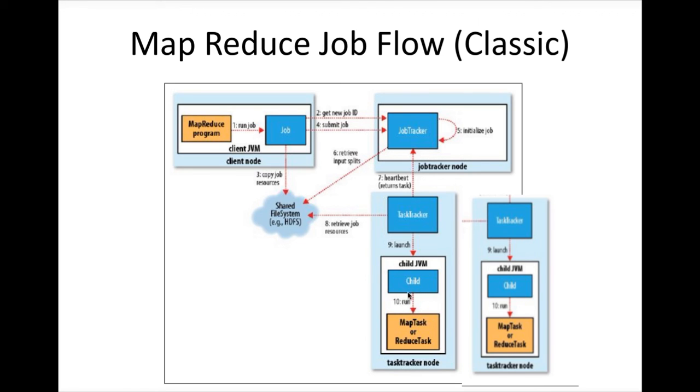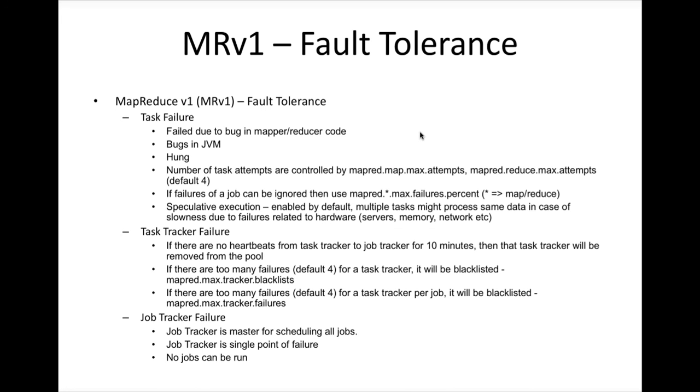Now using this code in child JVM for each of the map or reduce tasks, it will actually process the data and the output will be finally stored in the output path if it is required. So this is how a MapReduce job will be executed. And also you need to understand the fault tolerance, which I will be covering as part of the next video.